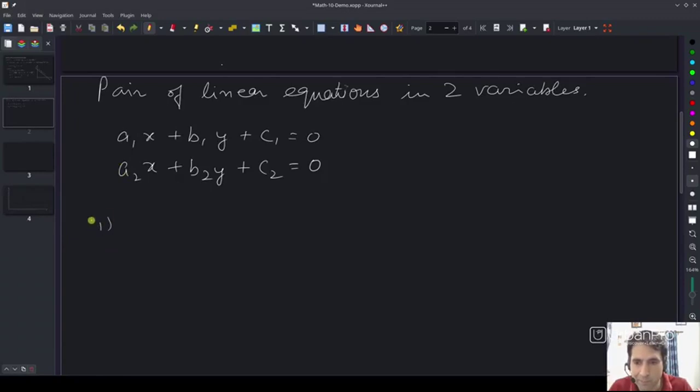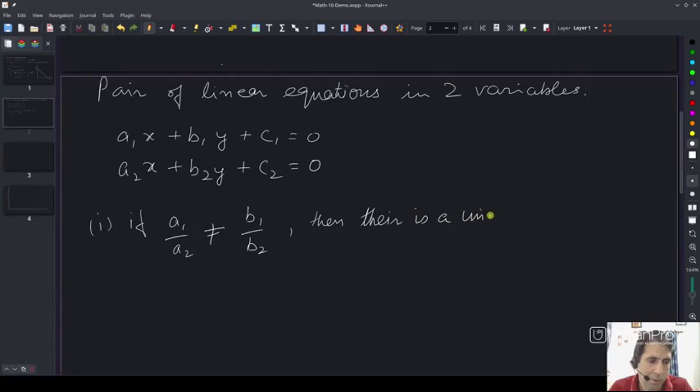Condition number 1: if a1 by a2 is not equal to b1 by b2, then there is a unique solution, and when we have solutions, the equations are called consistent.